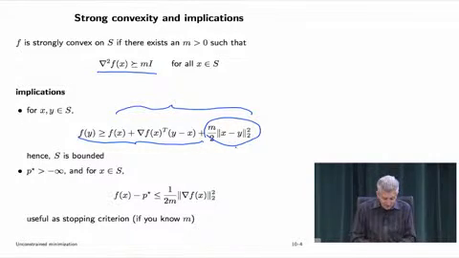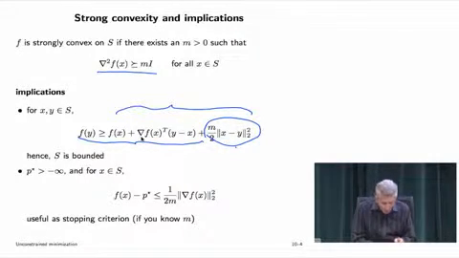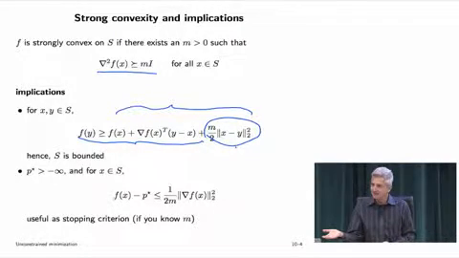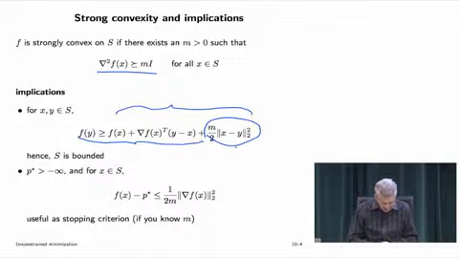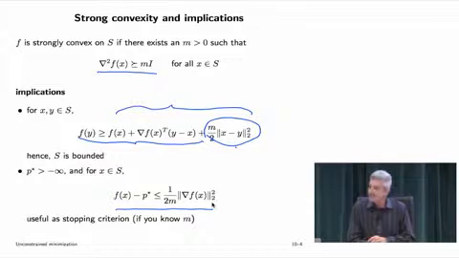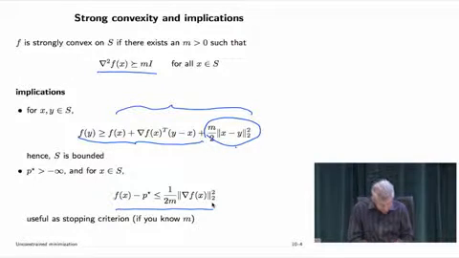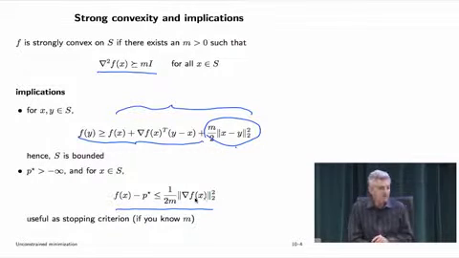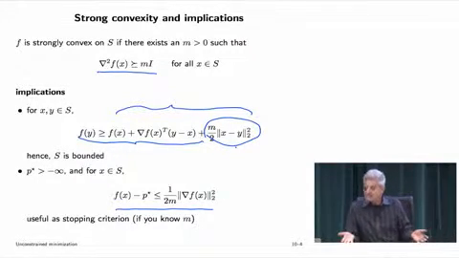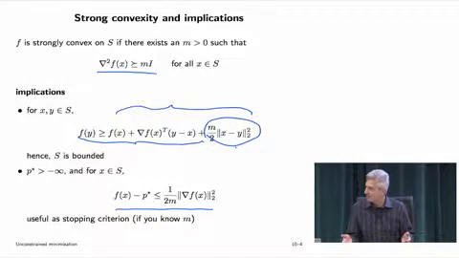So for example, if I minimize the right-hand side over y, it's a quadratic function in y. It has a lower bound, there's a number. And if you do that, you immediately get the following bound, which says that f of x minus p star is less than or equal to 1 over 2m times the norm of the gradient squared. That's actually very useful as a stopping criterion, again in a feel-good way. The reason is that you don't really know m in practice.